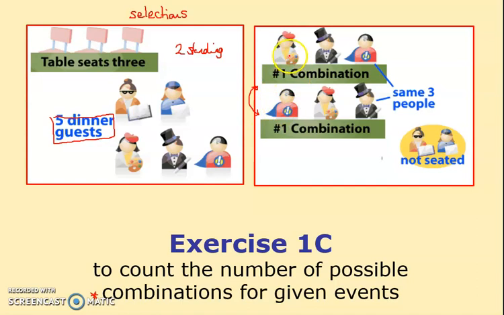So the artist, the magician, the Superman, that's one combination. Another one, number 2, might be the teacher, the Superman and the nurse. So those 3 would be a different combination. You can see that the people who are allowed to sit down are different to the ones up here.